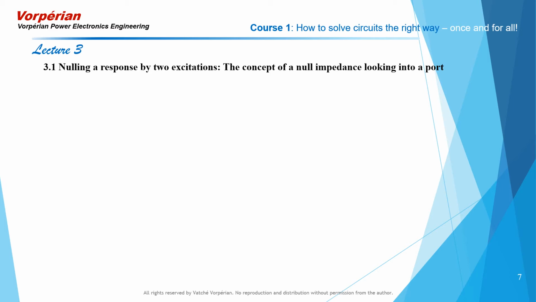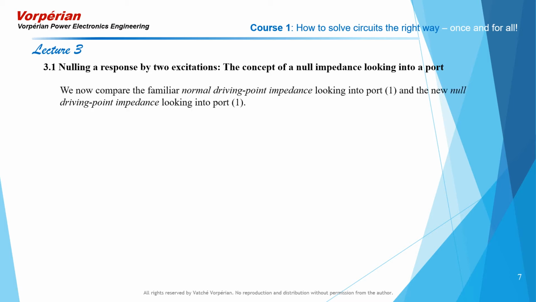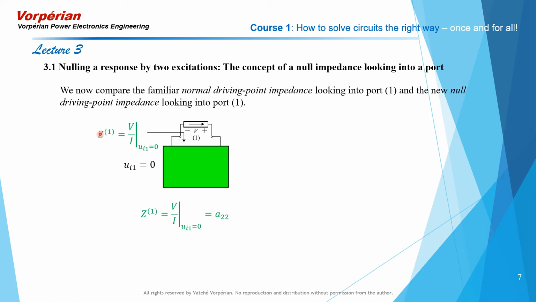Let us now compare the two impedances looking into port 1: the ordinary driving point impedance looking into port 1 and the null driving point impedance looking into port 1. Here is the ordinary impedance looking into port 1 of a network. You go at that port, you set any independent excitation in the rest of the network equal to 0, you apply a current source, and you study the response V across that current source I. The ratio of the two is the ordinary driving point impedance looking into port 1.